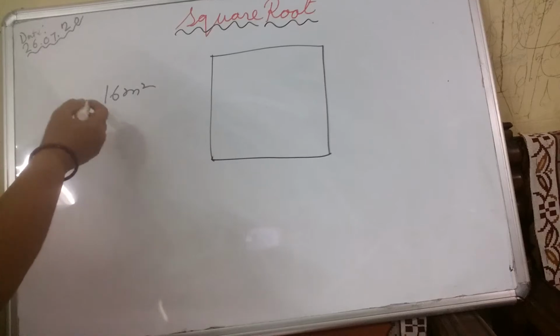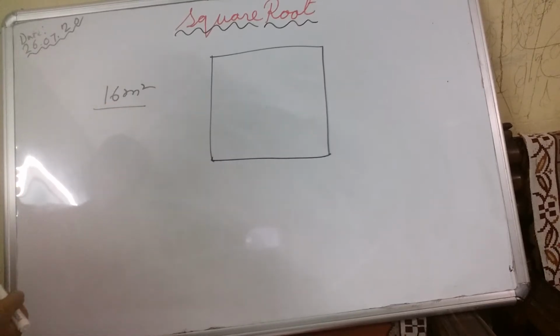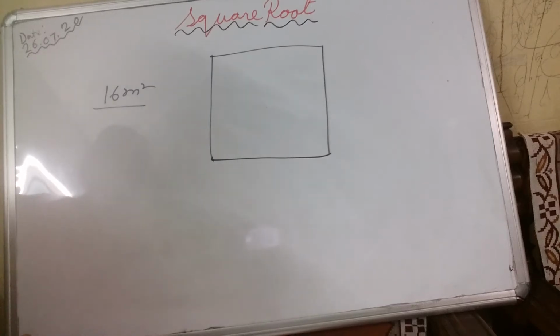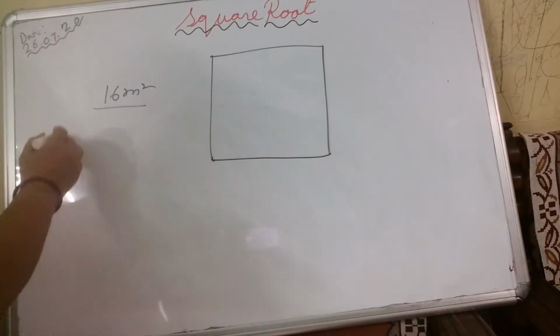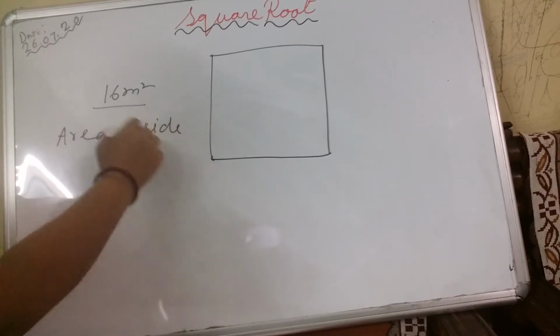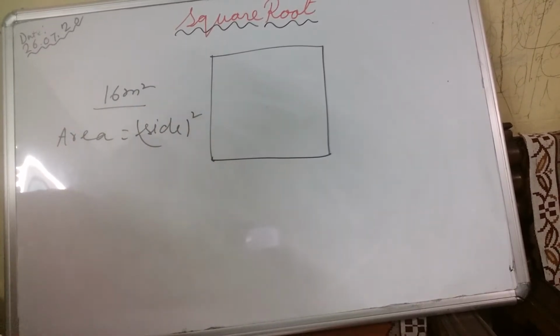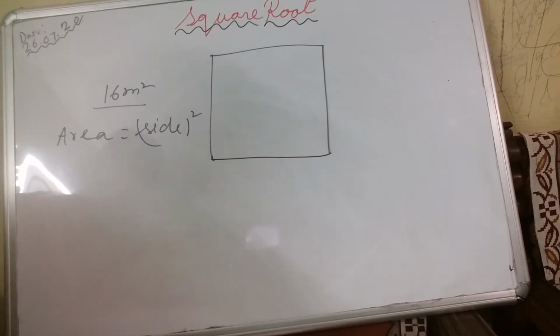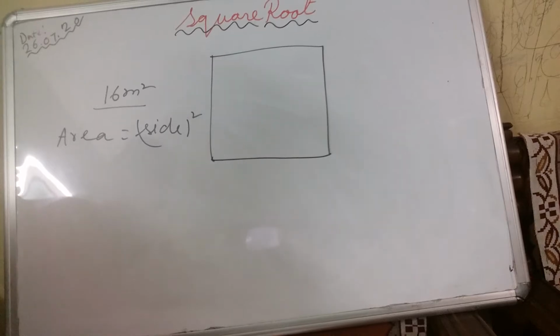And if I ask you what is the length of each side of the square, how to find out this side? Here we use the function of square root.